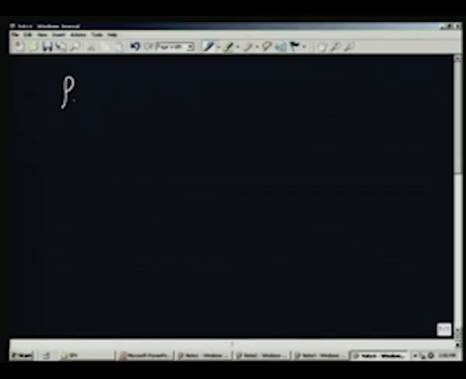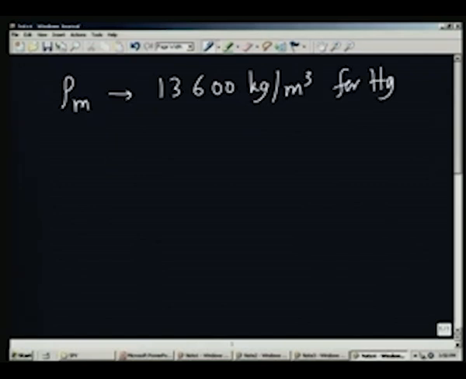So, rho m is about 13,600 kg per meter cube for mercury. Rho f, if I have air, it is about 1 kg per meter cube, slightly more, but it is all right to do that.